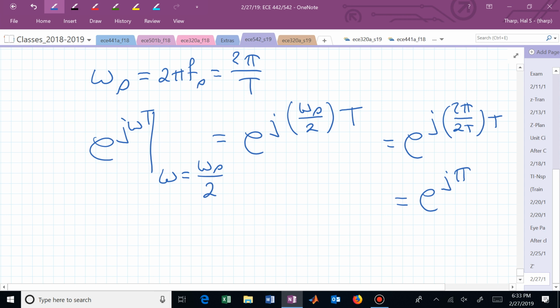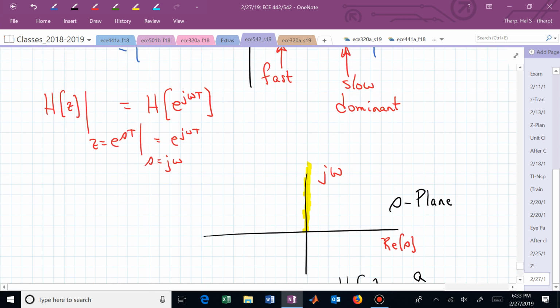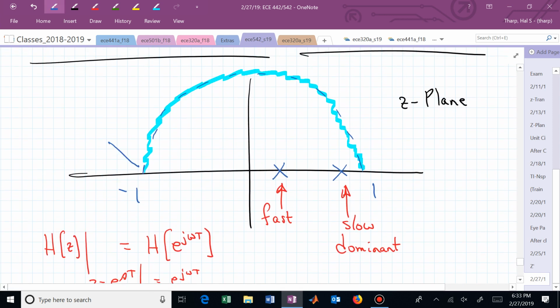Where is that point in the z-plane? What's its magnitude? Where is it from the origin? It has a magnitude of 1, doesn't it? What's its angle? Pi, or 180, or minus 180. So this point right here is when omega is omega sub s over 2.